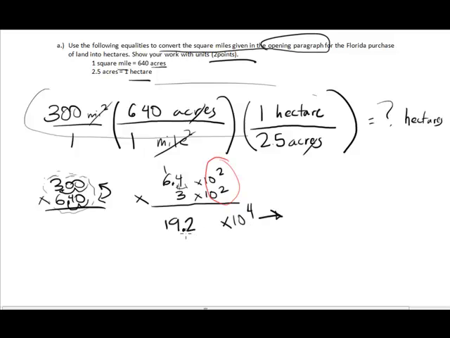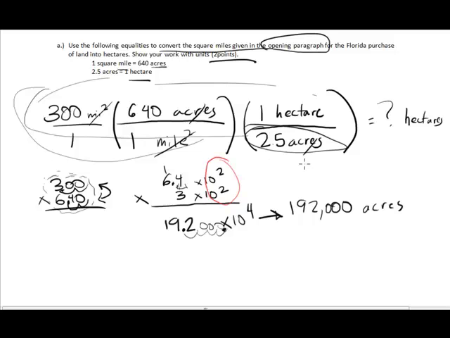Or I can take the decimal spot, hop it over 4 times, 1, 2, 3, 4, put the decimal there, and we'll end up with those zeros. So this would equal 192,000. Right now we've only completed this first step: 192,000 acres of land so far.